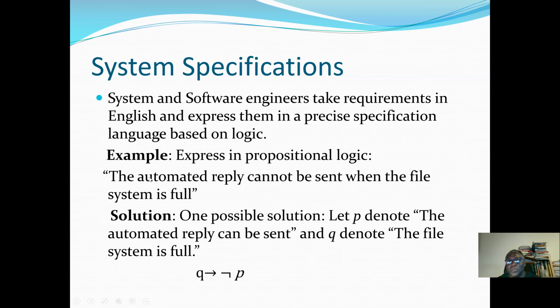Because here we have the automated reply cannot be sent when the file system is full. So something like a when shouldn't be in our atomic proposition. So we can say P, the automated reply can be sent, Q, the file system is full.